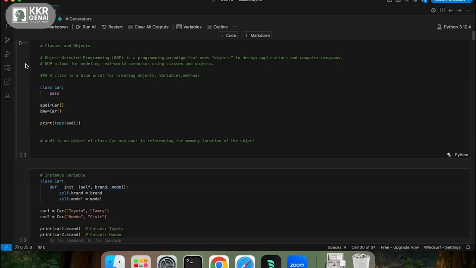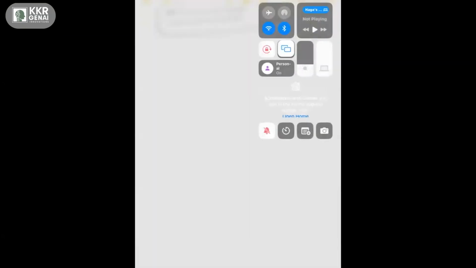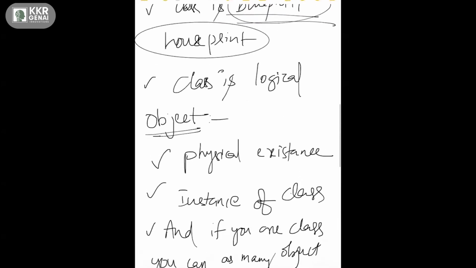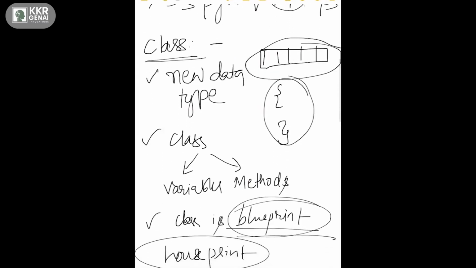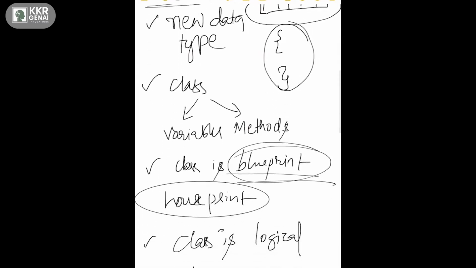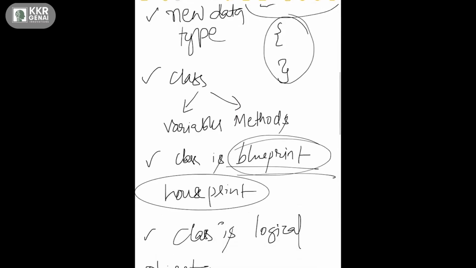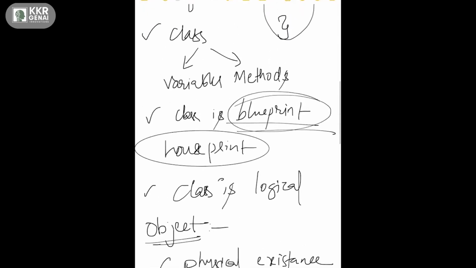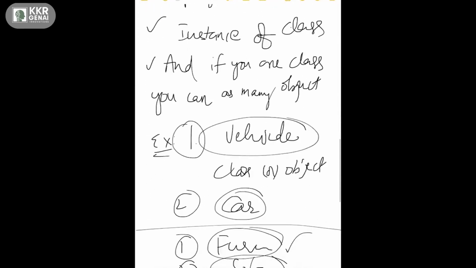So, let's continue our discussion on what exactly a class is and what exactly an object is. As I mentioned, with a class we can create a new data type, and a class contains variables and methods.